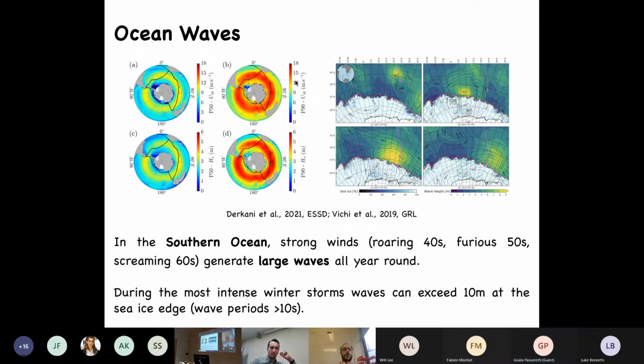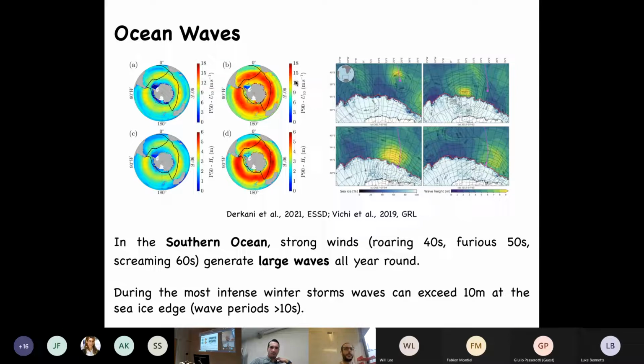In the Southern Ocean, we have waves all year round, and those are generated by the strong winds that are uninterrupted by any continental mass between 40 degrees south, the roaring 40s, the furious 50s, and the screaming 60s.